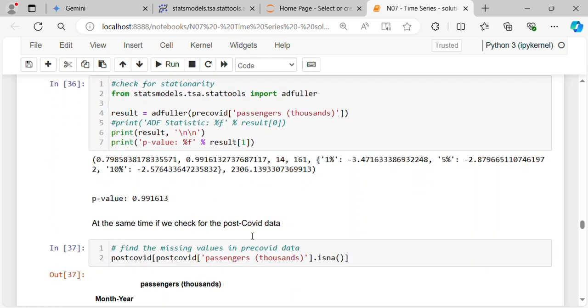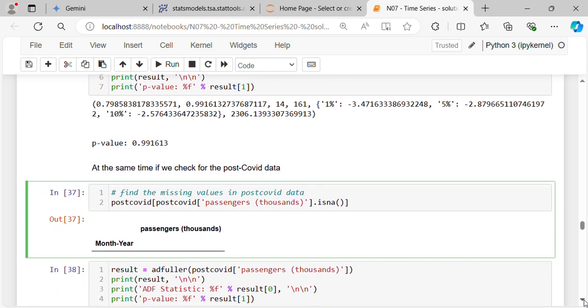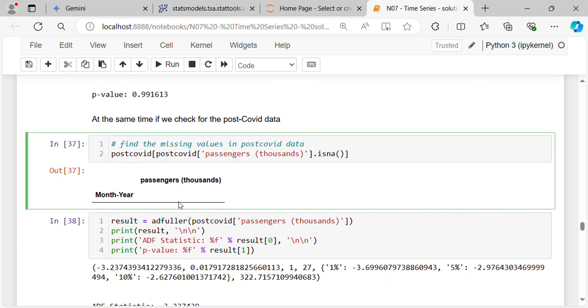At the same time, we check for the post-COVID data. Find the missing values in the post-COVID data. We check that the post-COVID doesn't have any missing values. So this is how we do that.